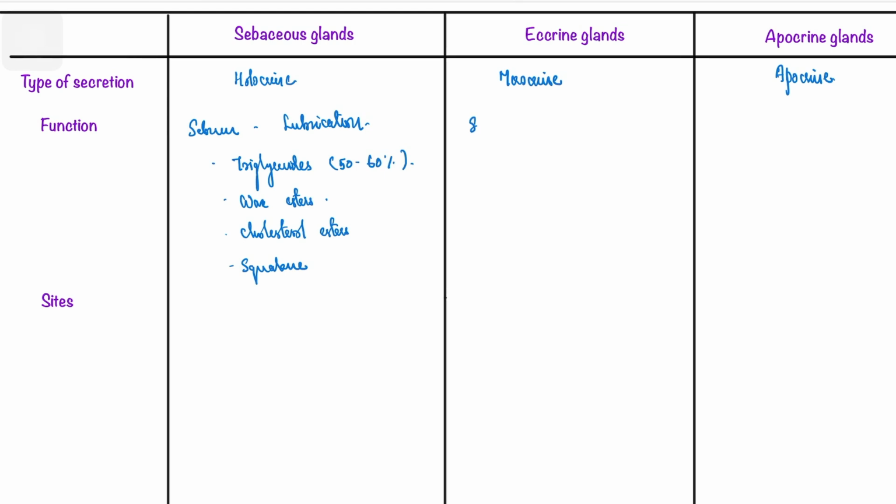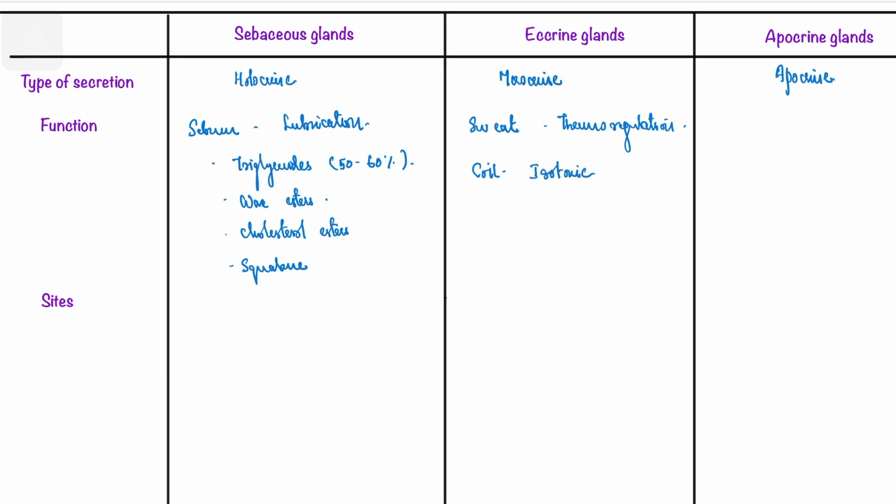Okay, the eccrine glands produce sweat. This sweat plays an important role in thermoregulation. It helps in maintaining the temperature of the body through the evaporation of water. Okay, so thermoregulation. The sweat which is produced in the eccrine gland is isotonic. So in the secretory coil, it is isotonic.